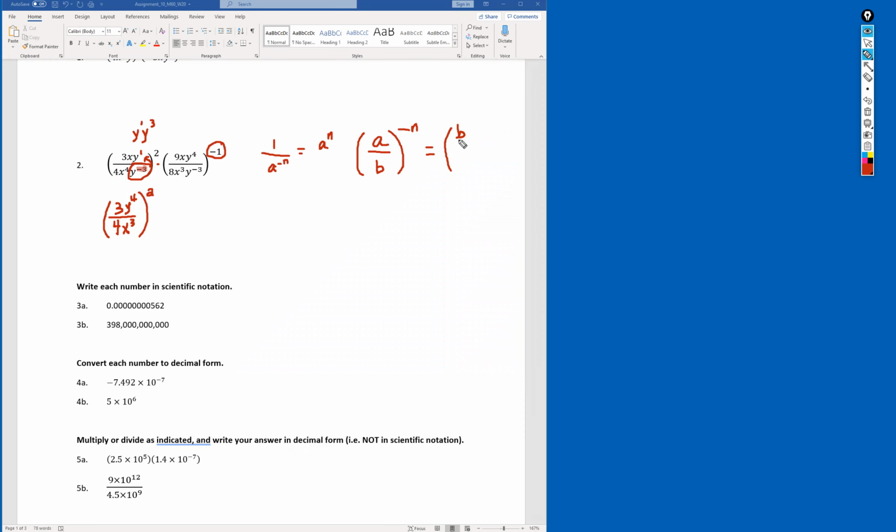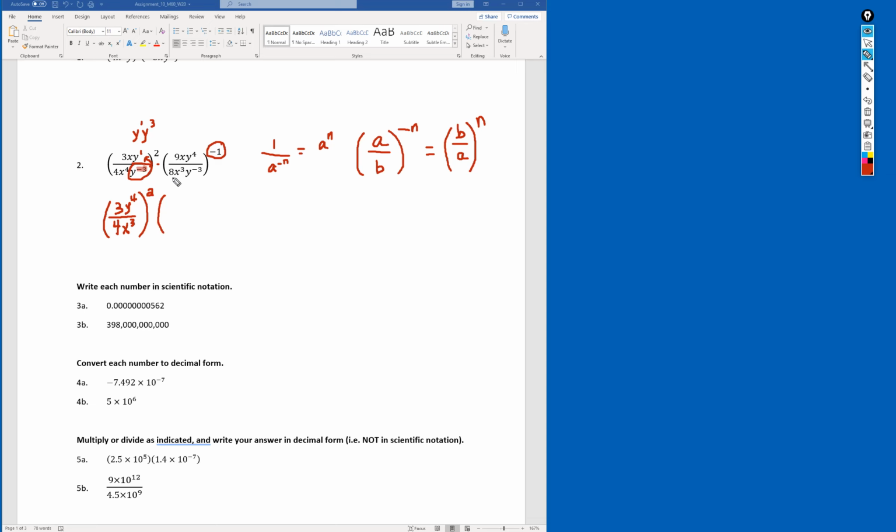Sorry, I have no idea what just happened there. Flip everything inside the expression and make the outside exponent positive. Nothing changes in these inside expressions. You are literally just flipping the numerator and denominator, and then the outside exponent becomes positive.